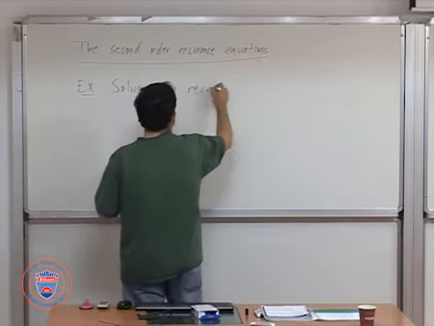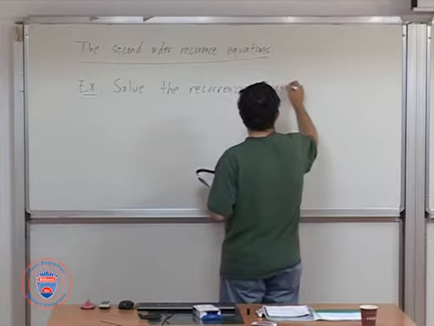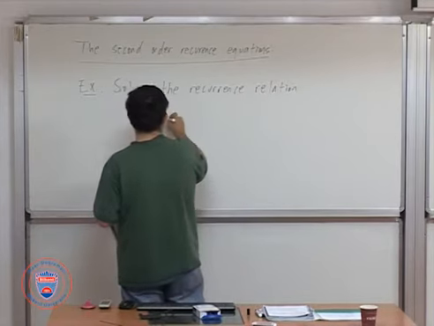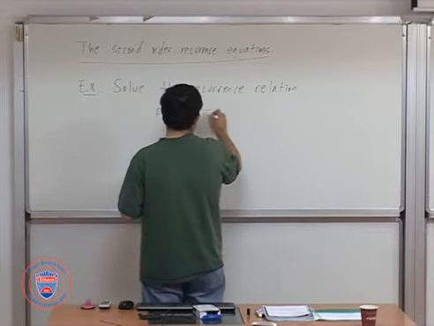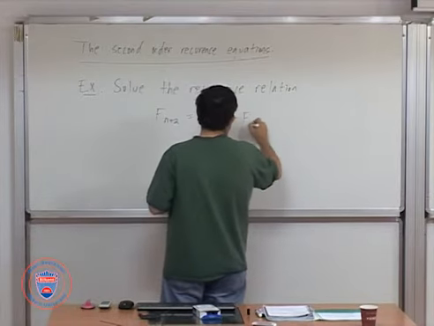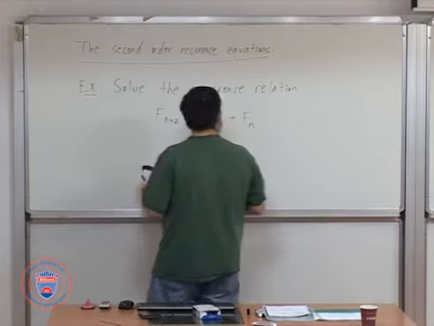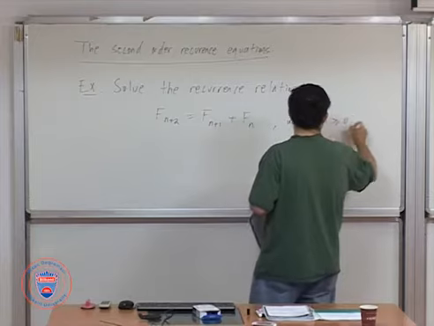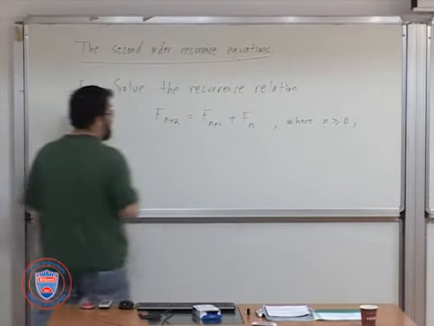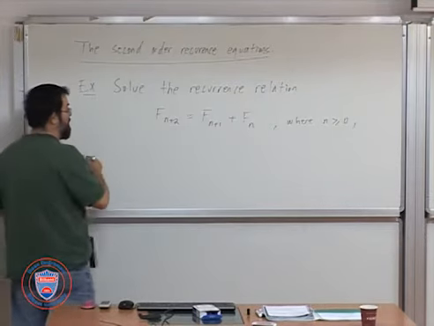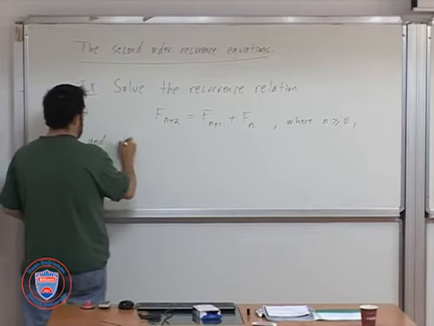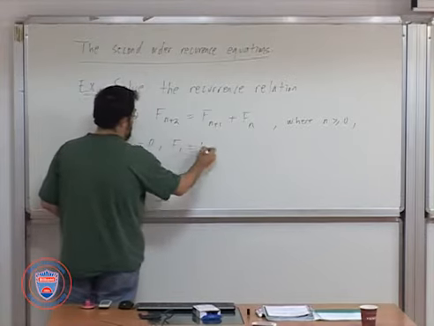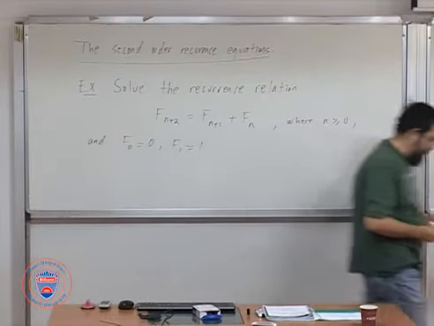So solve the recurrence relation. Last time I think I set up F0 and F1 differently, but this will be slightly different. This is shifted by 1. This is a choice you make with indexing. So this is the Fibonacci relation, but we are going to assume F0 is 0 and F1 is 1, just to go with the book's choices.